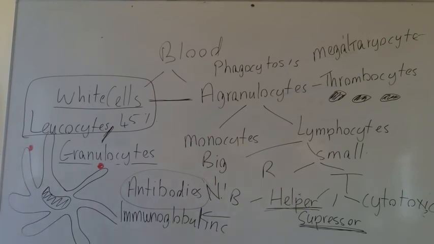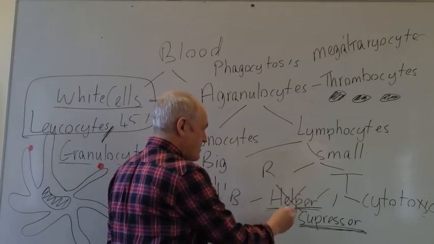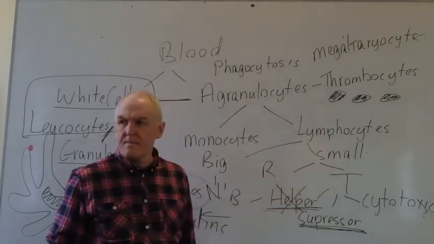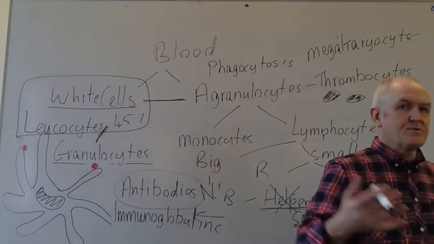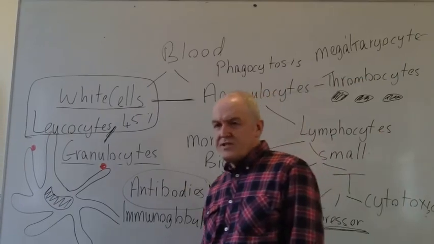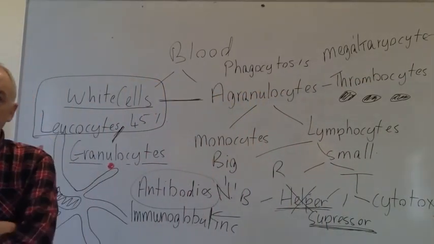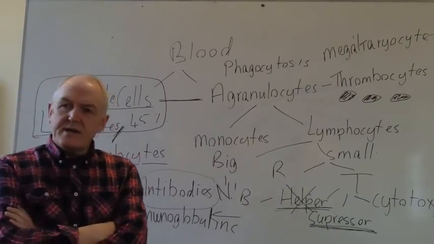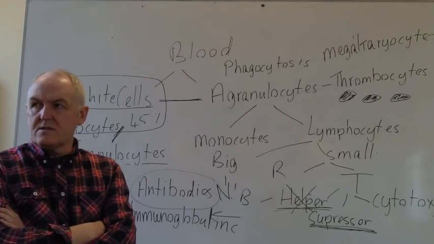In HIV, the virus kills the helper cells. That means the helper cells can no longer help the B cells to produce the antibodies. And if you can't produce the antibodies, what can't you combat? You can't combat the infection. That's why you can develop acquired immunodeficiency syndrome.